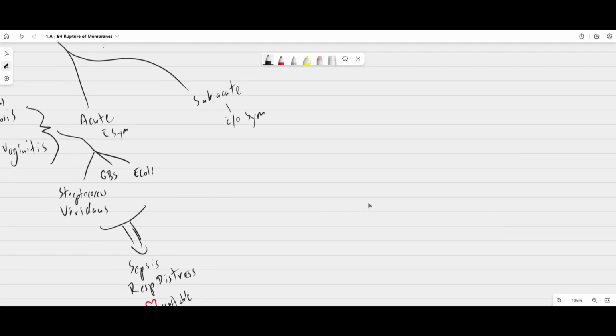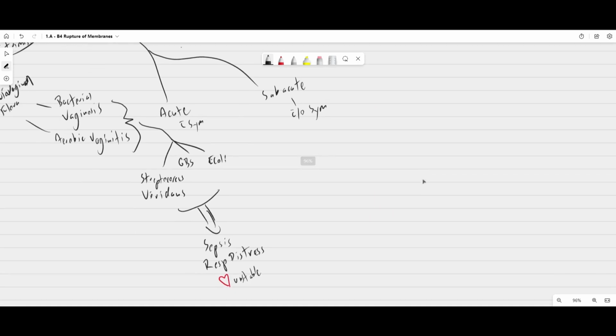All right, now moving over a little bit to without symptoms. The agents on this side are going to be Ureaplasma, that urea, which is a really interesting bacteria that can cause some infections, and the Gardnerella vaginalis.